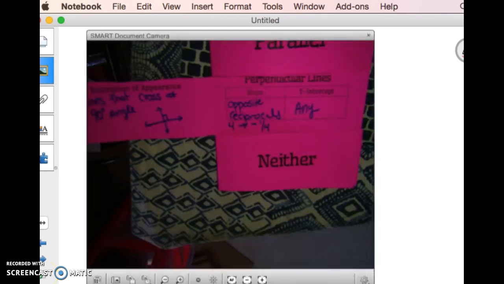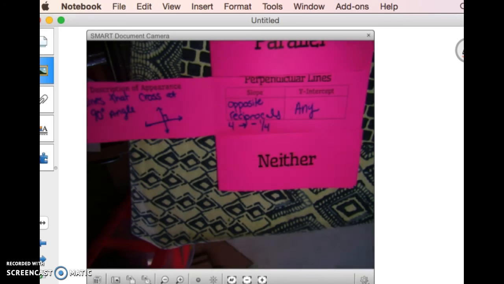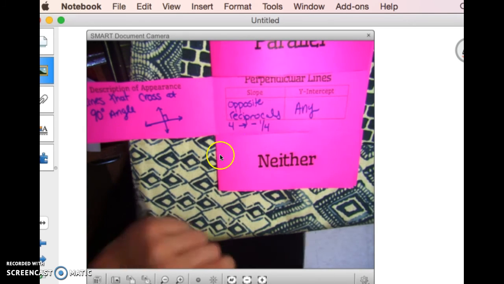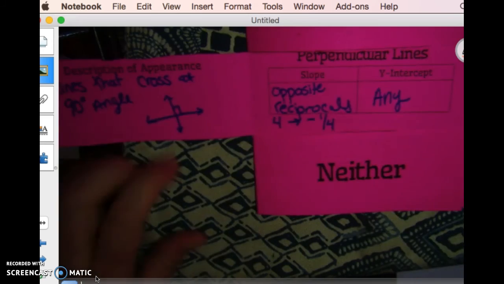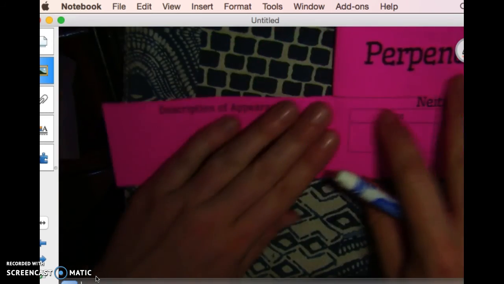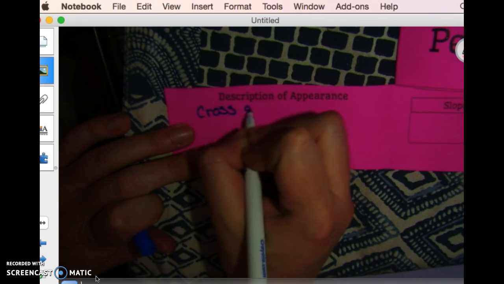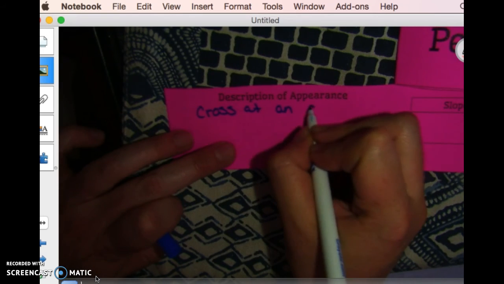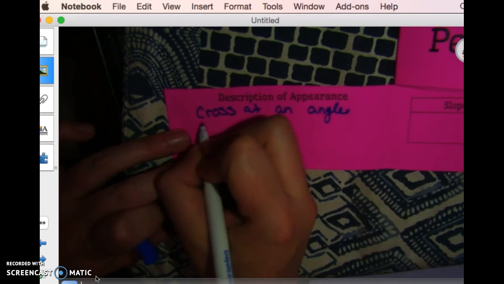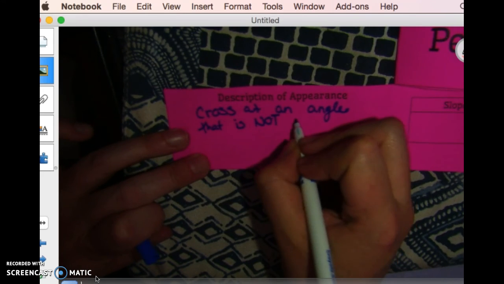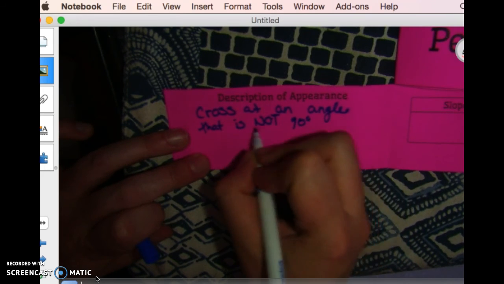Our next venture, if they're not parallel and they're not perpendicular, they are going to be what? Neither. Very good. So right here, they're just going to cross at an angle that is not 90 degrees.